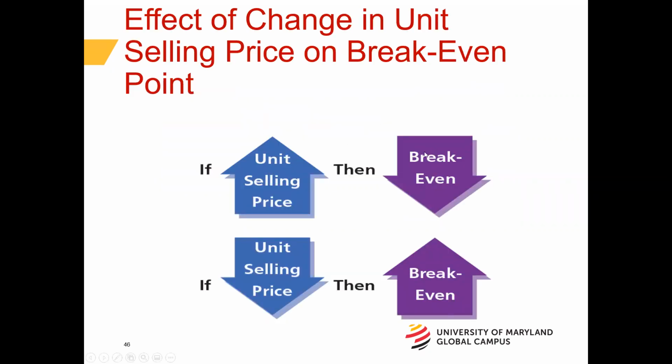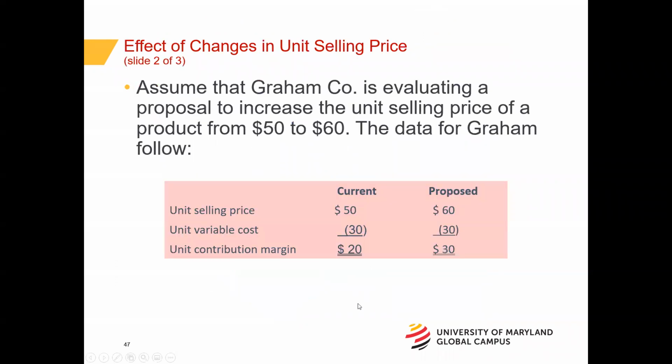Inverse relationship. Sales price goes up, then my break even comes down. That makes sense. I can sell less and break even if my price is higher. If my sales price goes down, that means I need to sell more to break even.